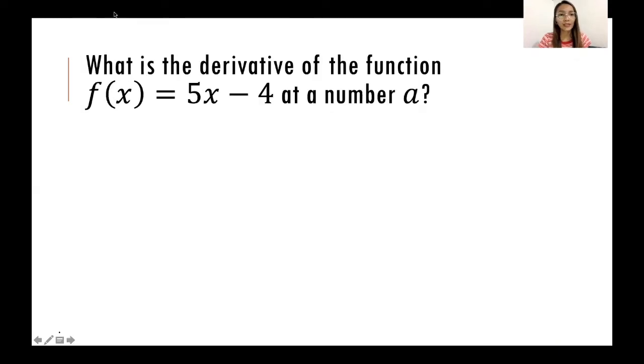Okay. So, now let us find the derivative of the function 5x minus 4 at a number a. Let's try.